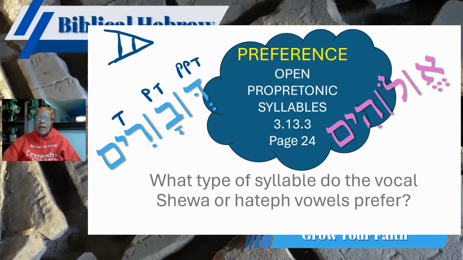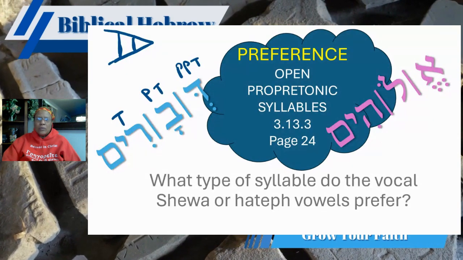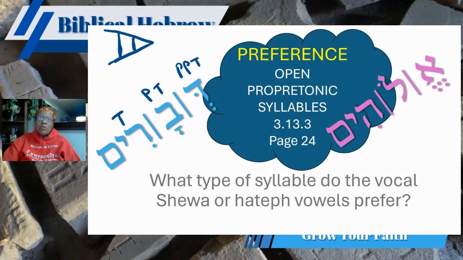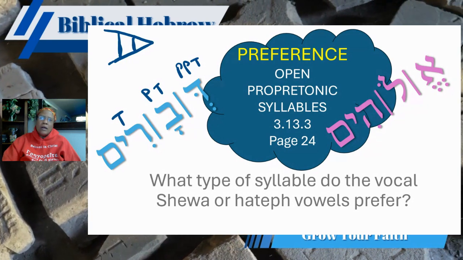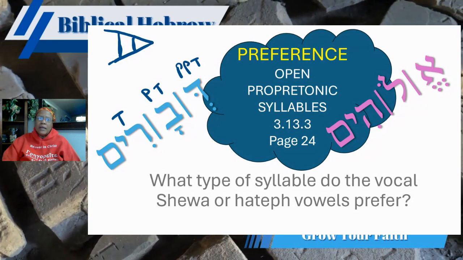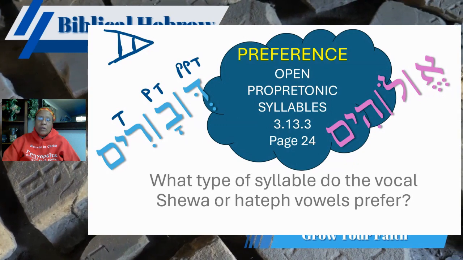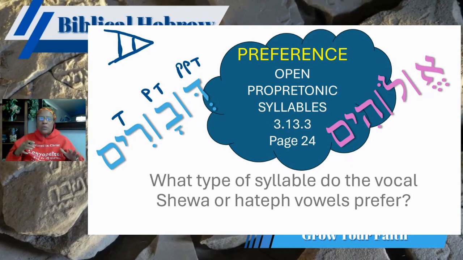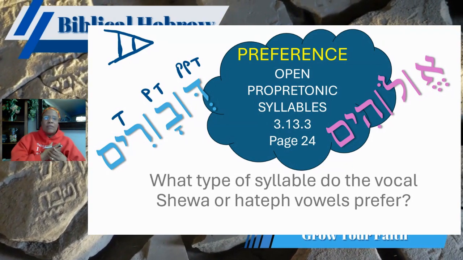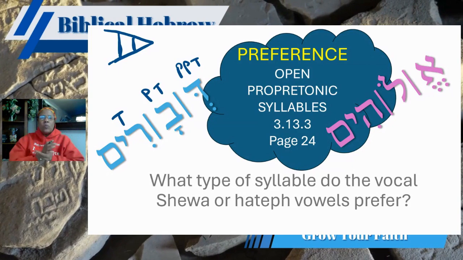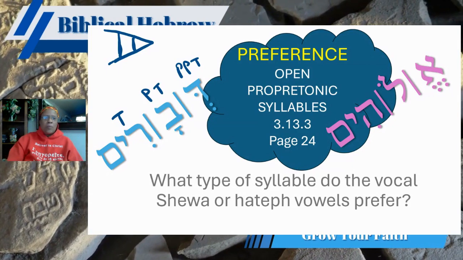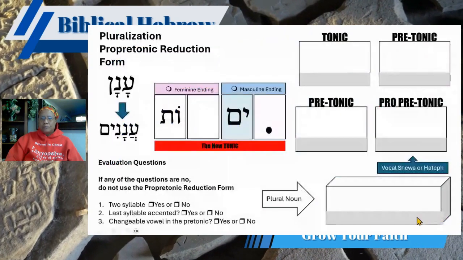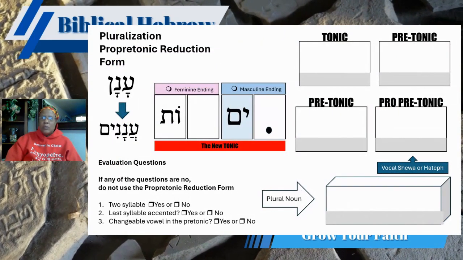So notice that Elohim has a reduced vowel, it has a long changeable vowel, and then it has, which is shorter, longer than this one, and then this is a long changeable vowel. So remember, what type of syllable do the vocal schwa or hatef vowels prefer? It prefers an open propretonic syllable, open propretonic syllable. All right, let's go to the form and see what we can get into.